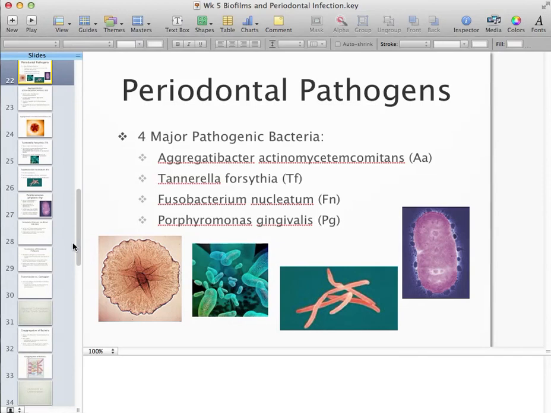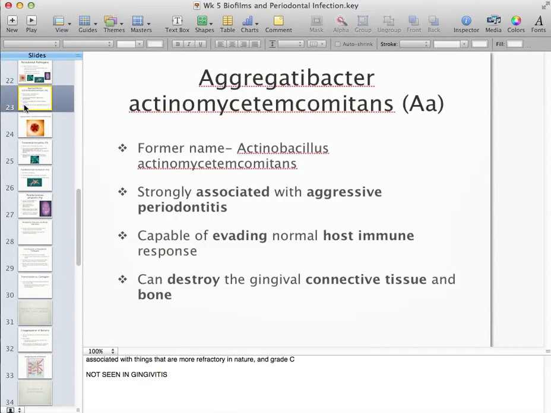Then you have Tannerella forsythia, TF. Fusobacterium nucleatum, FN. And Porphyromonas gingivalis, PG. Those are periodontal pathogens. So let's go into depth with these 4.